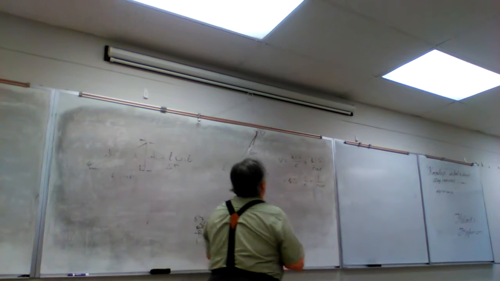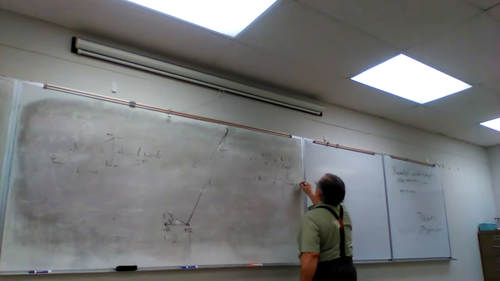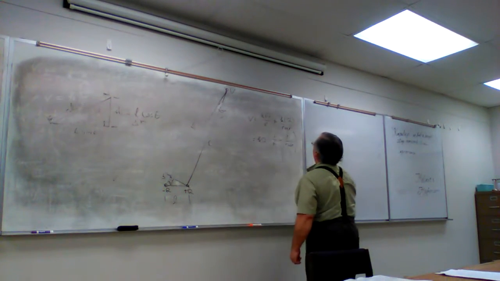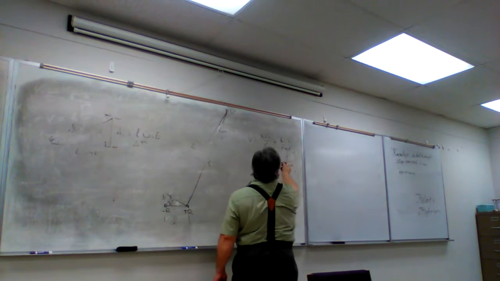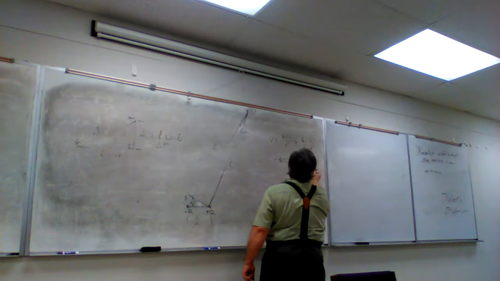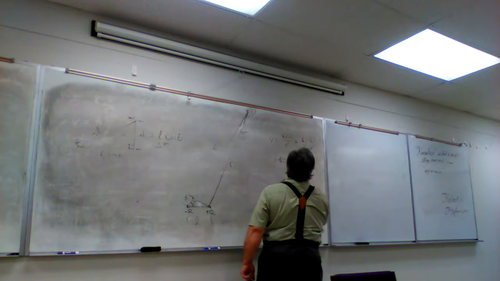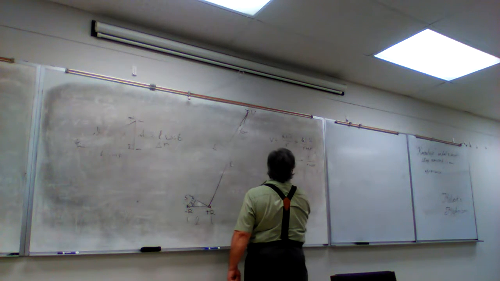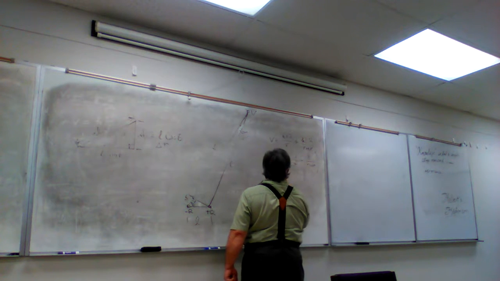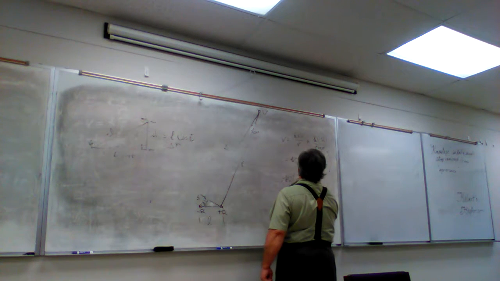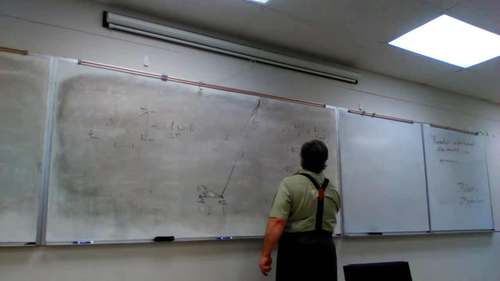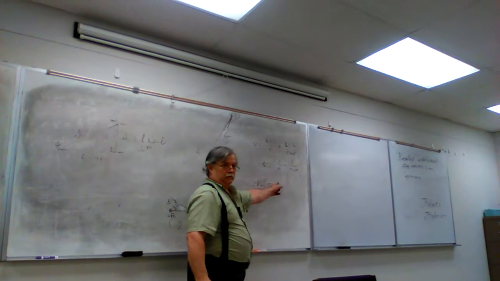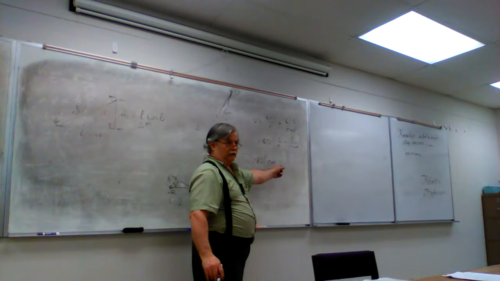Now we're going to simplify this. If I multiply this by R plus delta R over R plus delta R, R plus delta R over itself is equal to 1.